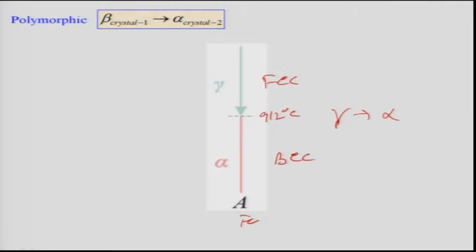This only happens in pure systems, like it can happen in zirconia, it can happen in pure iron, you can also have it in sulfur. Sulfur has many types of polymorphs present, and these transformations are known as polymorphic because it is the same pure material, either a compound or a metal or a ceramic, transforming from one phase to another phase as the temperature changes at a constant pressure.